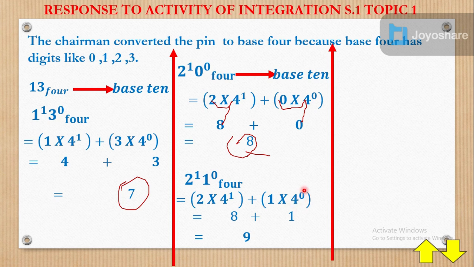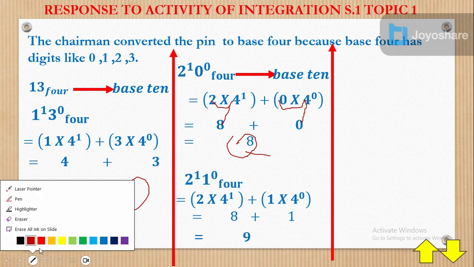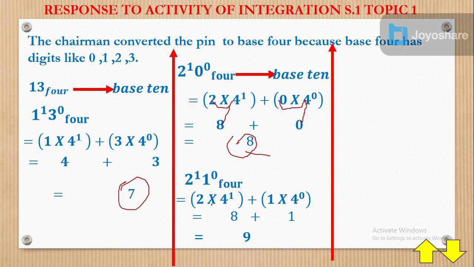But remember, any number to power 0 is 1. So 1 times 1 will give us a 1. So when you multiply, this is 2 times 4, which will give us 8, and 1 times 1 will give us 1. When you add this plus this, you shall get a 9. Simple as that.